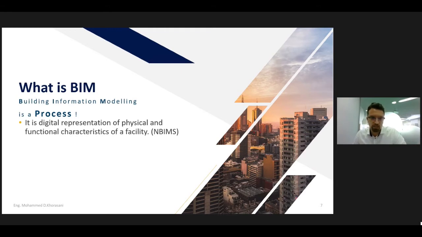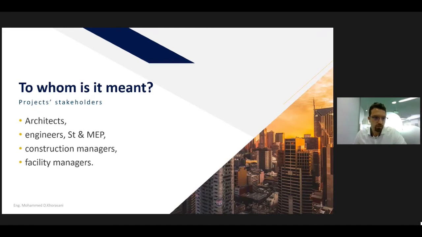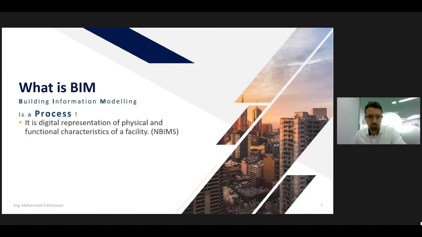That means the work will be done in this process to take the workload from the construction period to the design stage, where we will be able to identify each and every detail and the impact of each and every decision we make regarding our project.